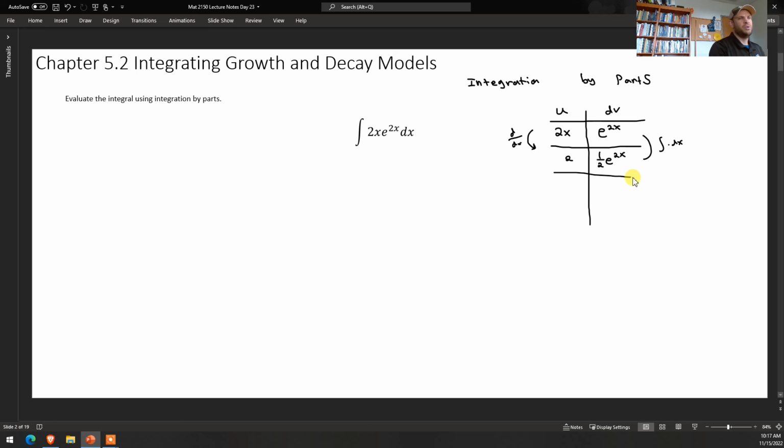And now we're going to add one more layer to my chart. If we differentiate again, we get a 0 here. And we get 1/4 e to the 2x here by integrating one more time. So ordinarily, before we would say our answer is given by uv minus the integral of v du.